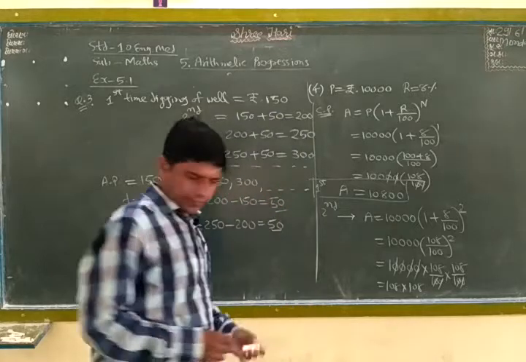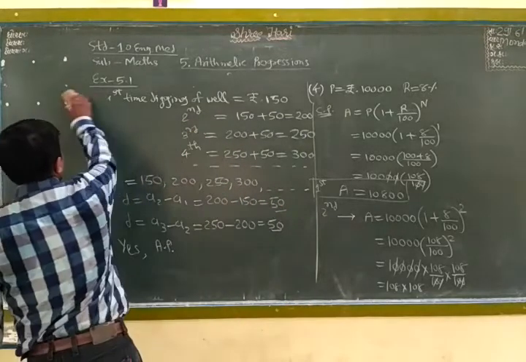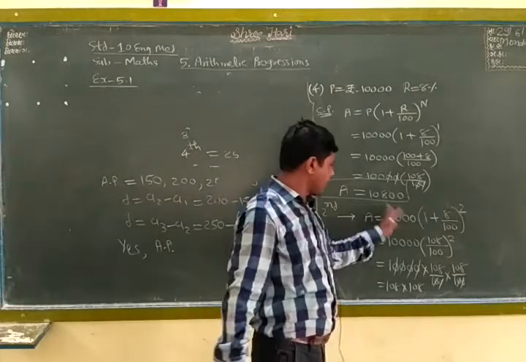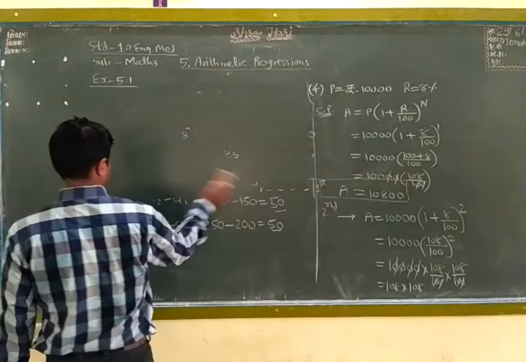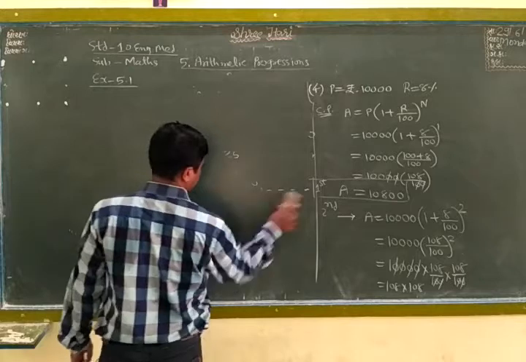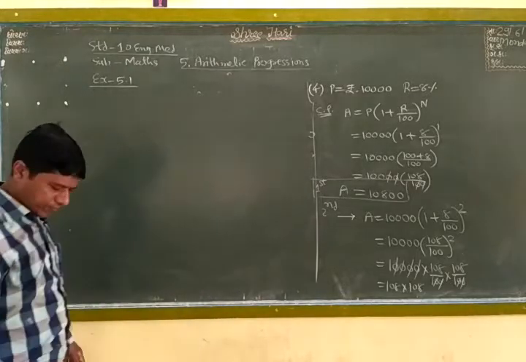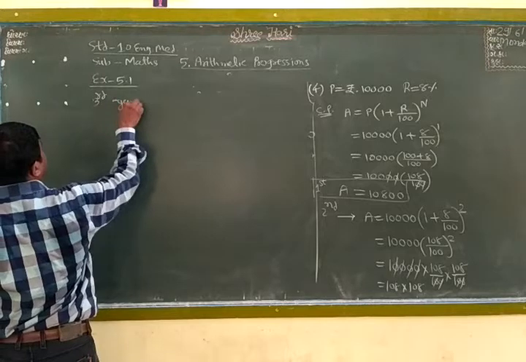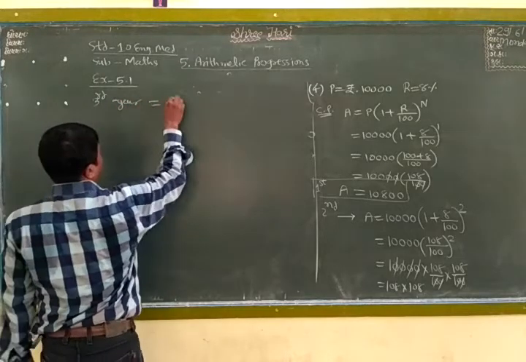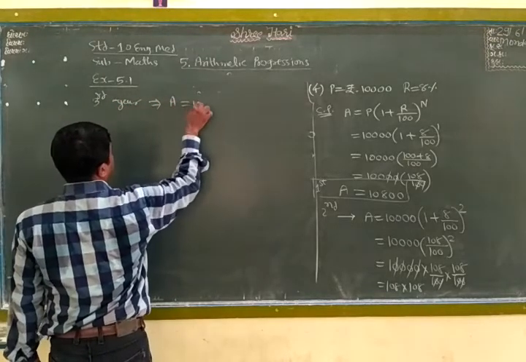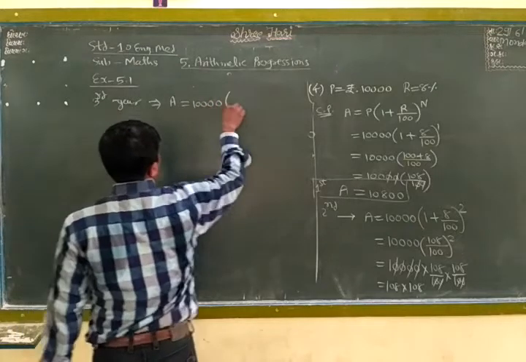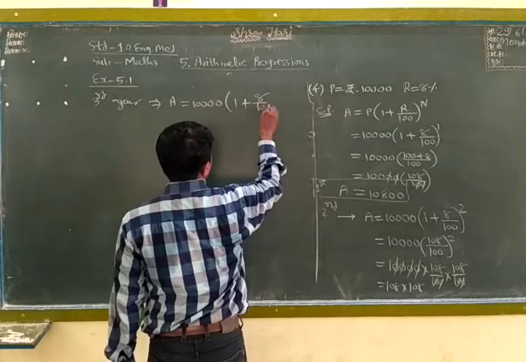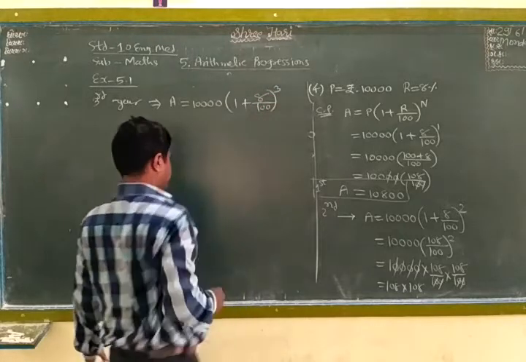Now third. Don't multiply easily to get the answer. Third here. So A is equal to P, 10,000, 1 plus R means 8 by 100, raised to 3.